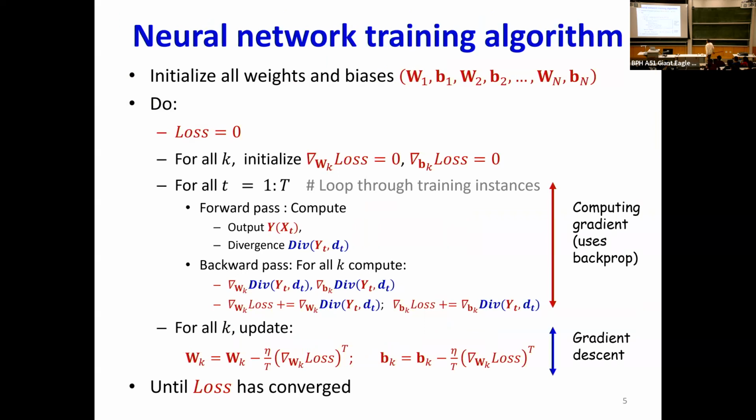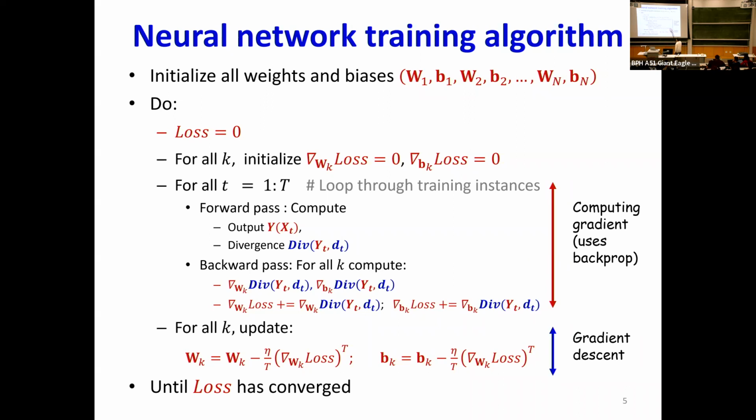So the overall neural network training algorithm looks something like so. You'd initialize all your weights and biases, and then you'd initialize all your gradients to 0, because before you process the data, you don't really know what these values are. And then you go through all of the training data, and you pass each training data instance through the network. This was the forward pass. And having done so, you now have all the intermediate values in the network. You can compute the divergence between the output and the desired output.